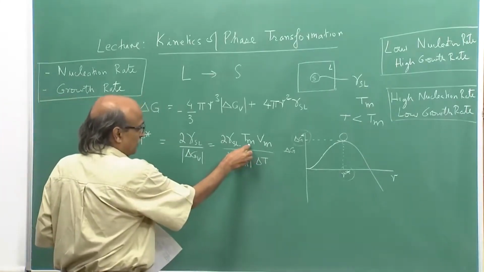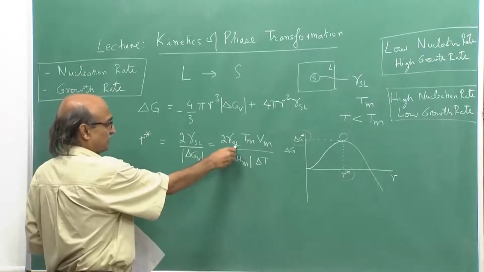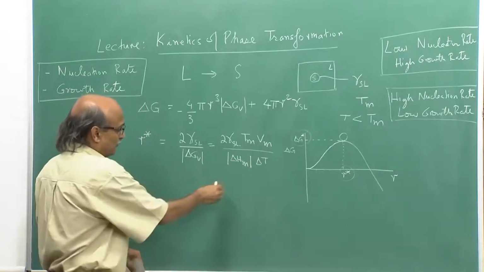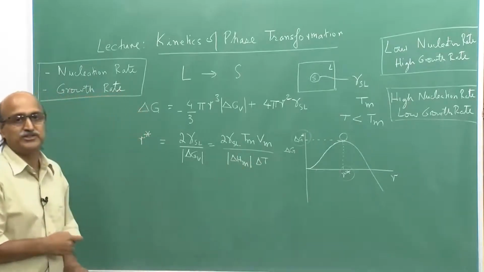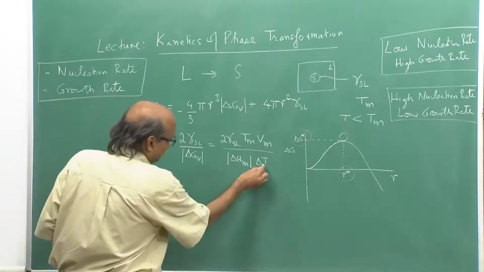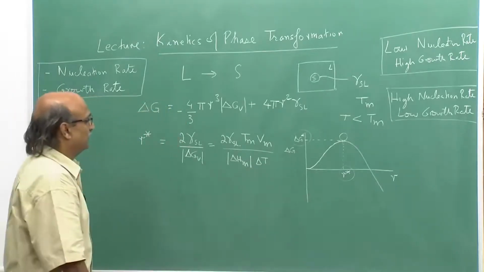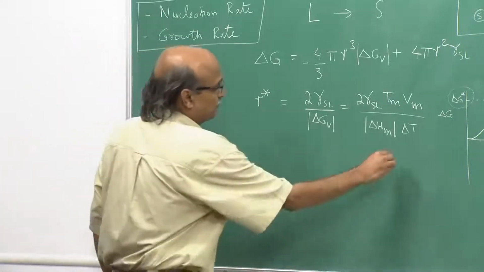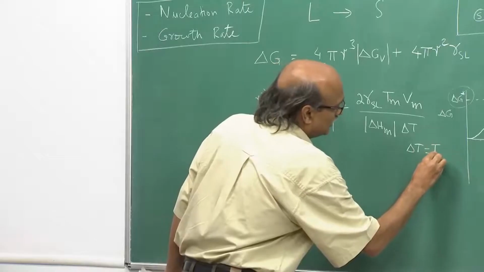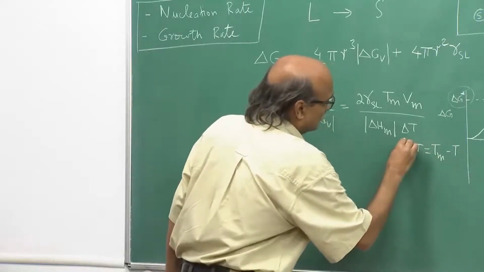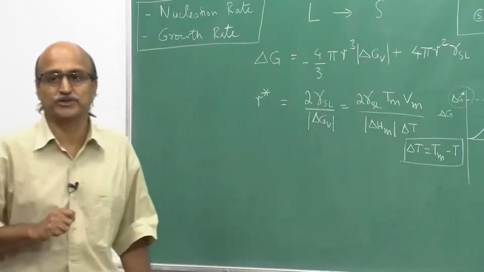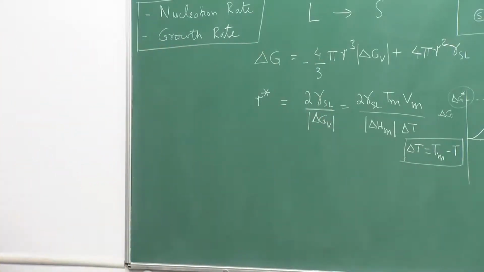where Tm is the transformation temperature, gamma SL is the interfacial energy, Vm is the molar volume, delta Hm is the change in enthalpy in molar terms, and delta T is the amount of undercooling, which is equal to Tm minus T. So, T is the temperature at which the transformation or the nucleation is taking place.